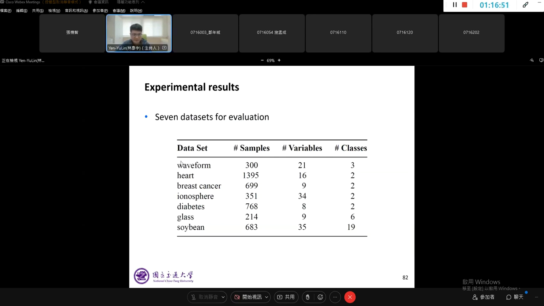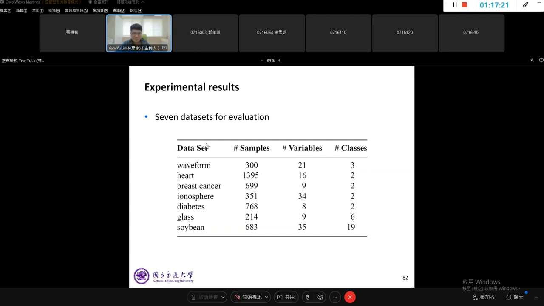In the paper on bagging, Leo Breiman conducted experiments on some benchmark data sets. Here are 7 benchmark data sets, and for each there are 3 columns. They indicate the number of training data, the number of features, attributes, or variables, and the number of data classes.